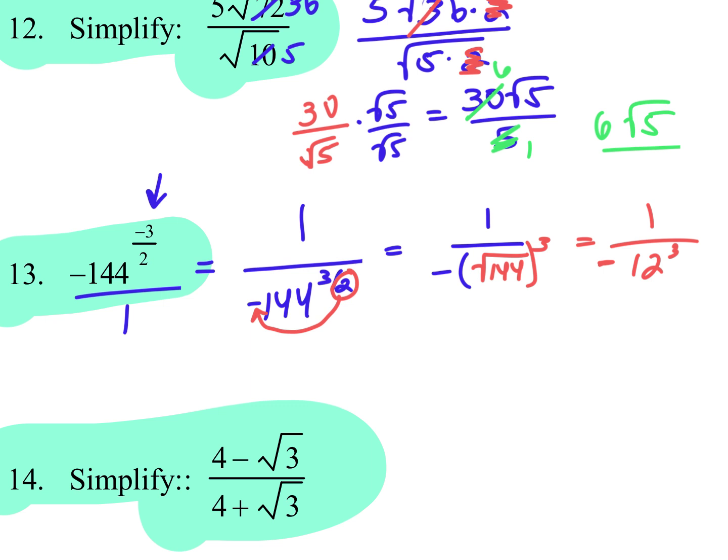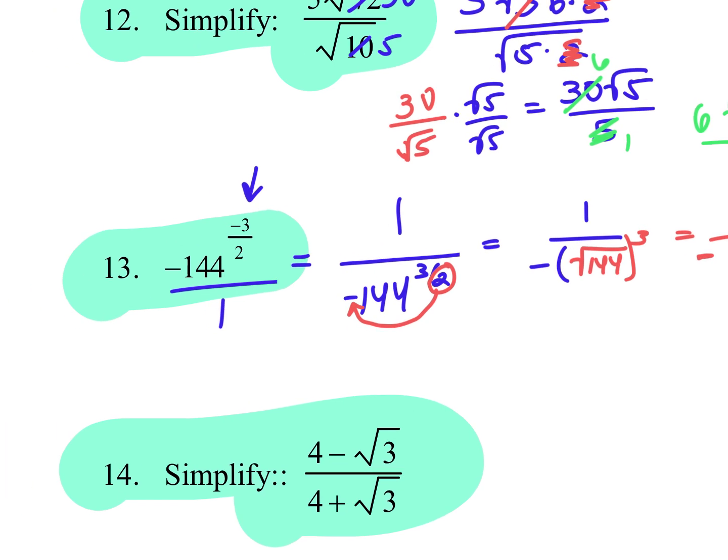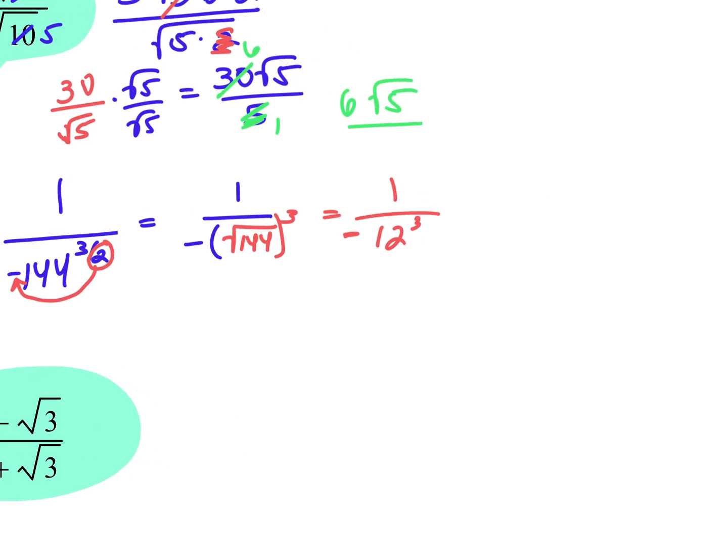Very, very different: negative 144 versus in parentheses negative 144. When it's not in parentheses, it's telling you your answer is going to be negative. Could you solve it if it was in parentheses? No.